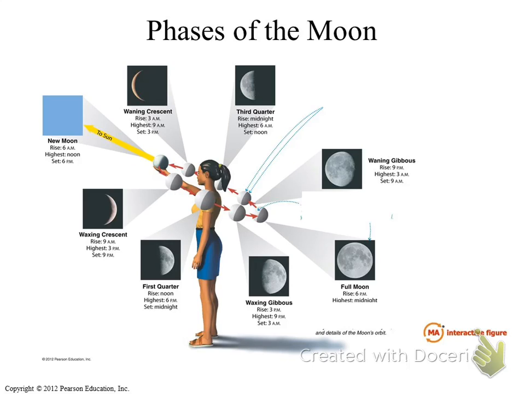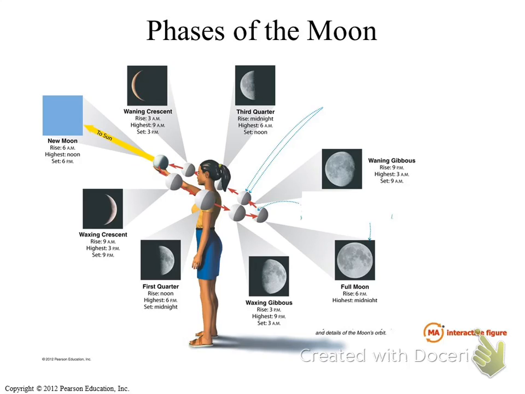So here's the deal. I don't know if this will work for you, but I'm the moon. I'm orbiting the Earth, and there's the sun over there. For instance, you can see the third quarter up here. As the Earth spins on its axis, so we finally get nighttime, can you see what time this third quarter moon rises?